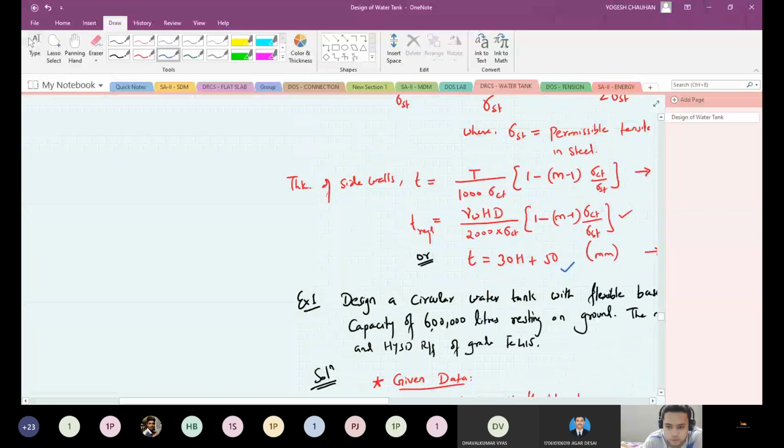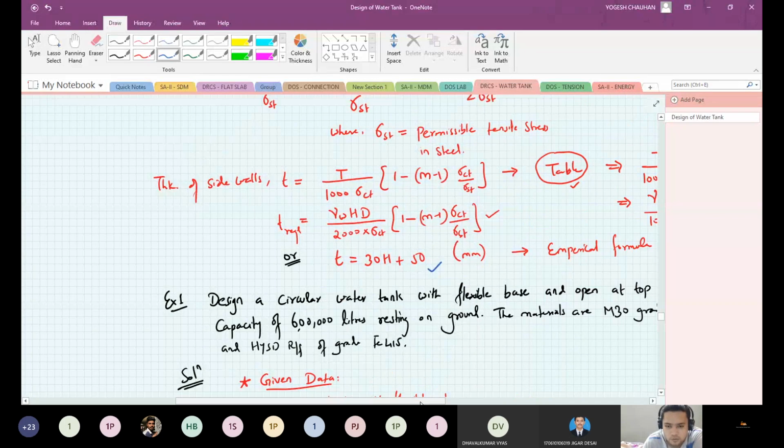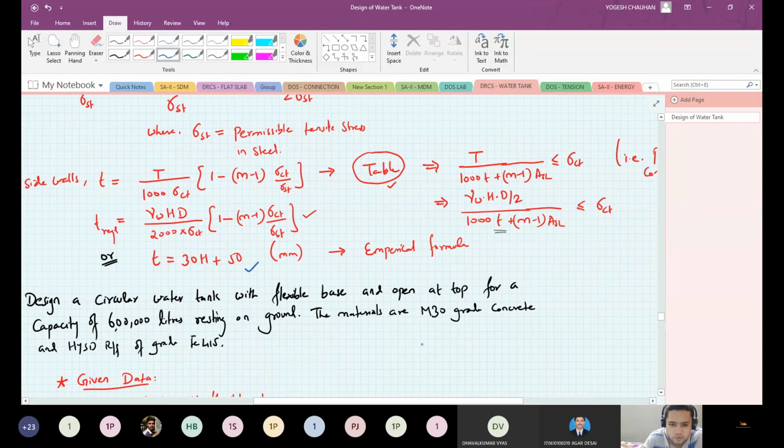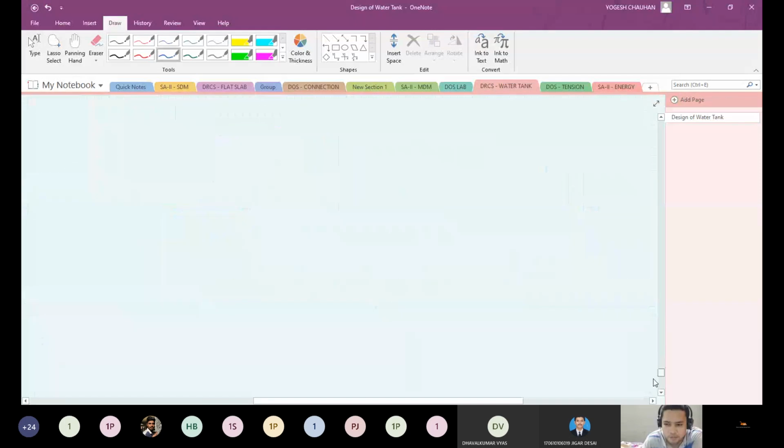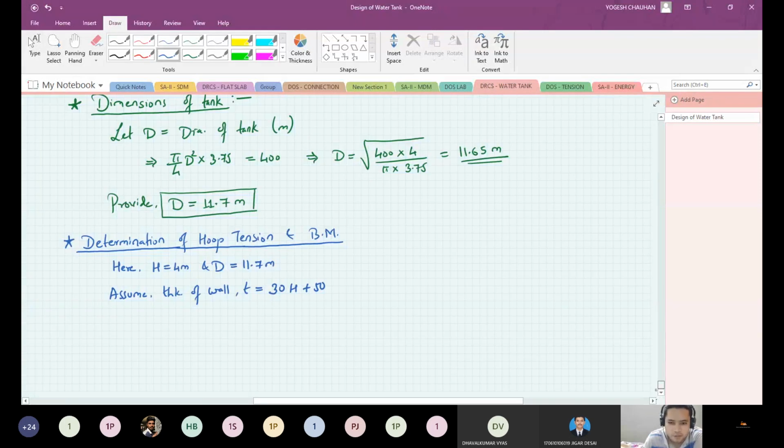See, this was the formula. Using this empirical formula, you can get the thickness as a preliminary dimension. So this will be in mm.